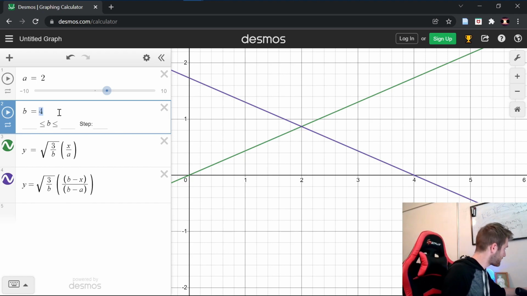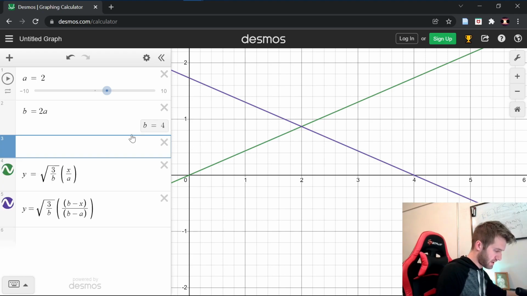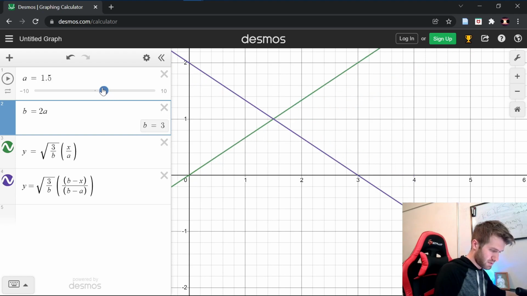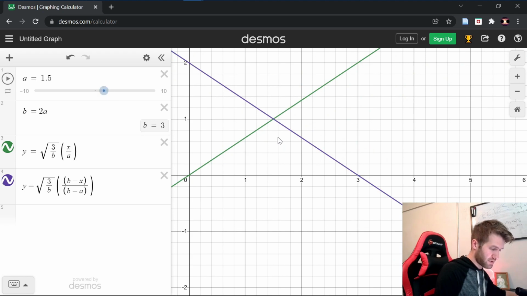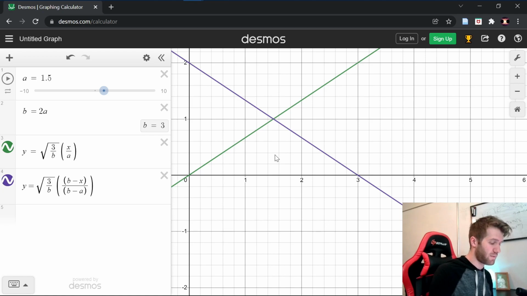But if we have 2A, then we yet again have a symmetric outcome. We can shift this and they're going to remain symmetric about their center, which corresponds to a 50% likelihood of locating that particle at the intersection here.